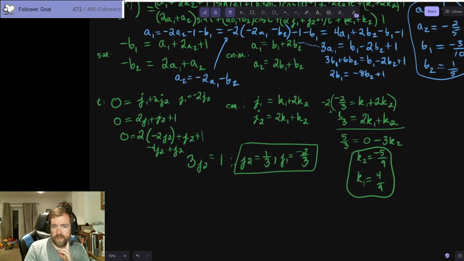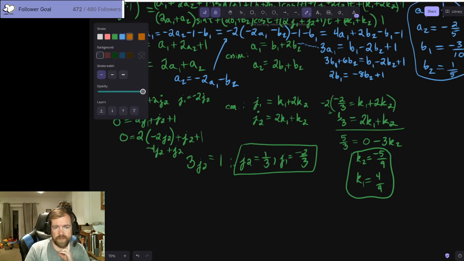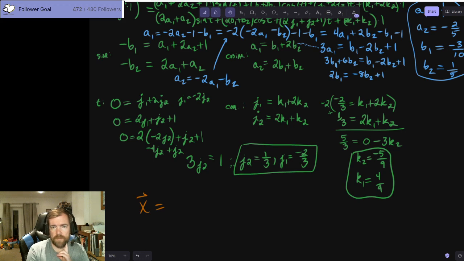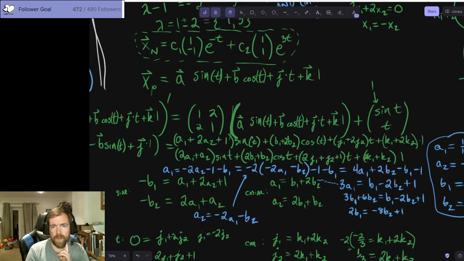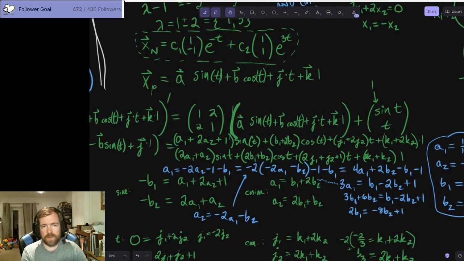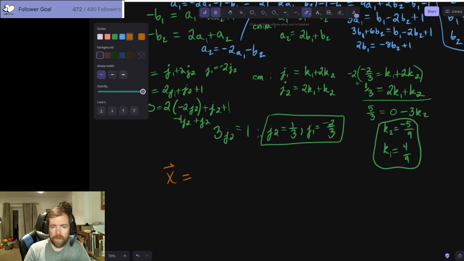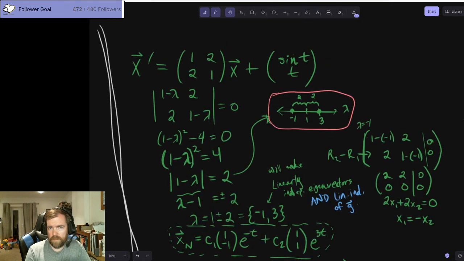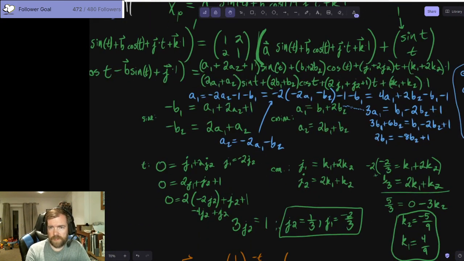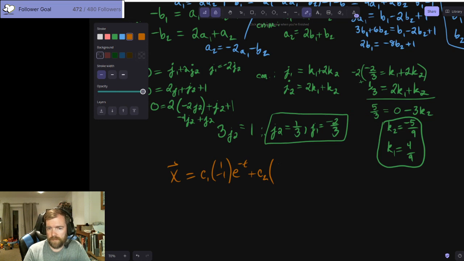Okay, so that means that our overall solution for this is that X bar is going to be, that's the first homogeneous solution. Sorry, C2, 1, 1.